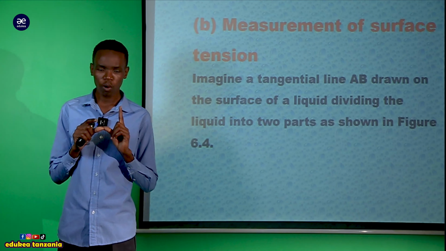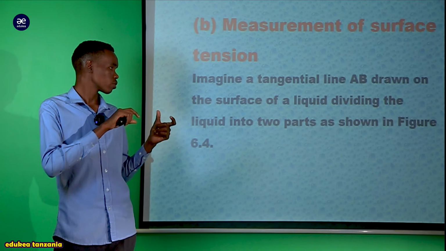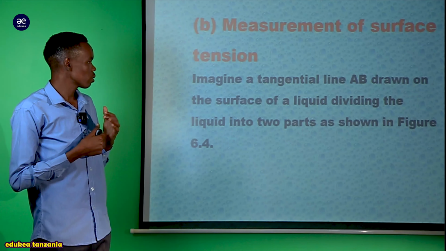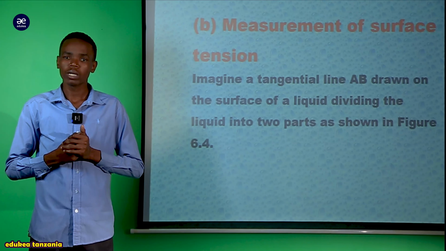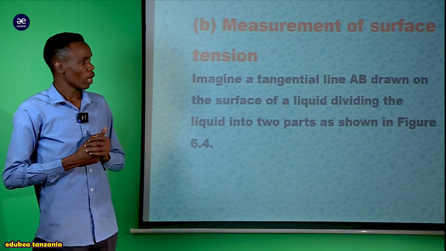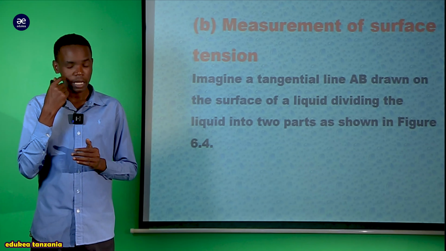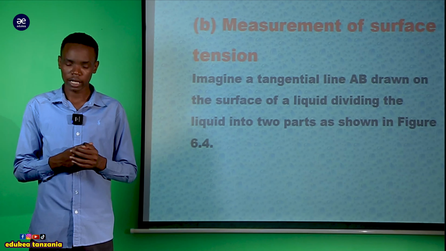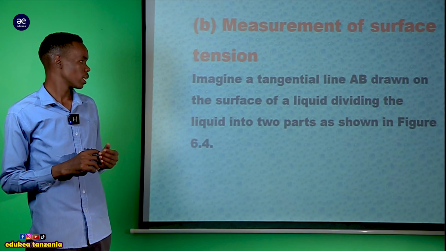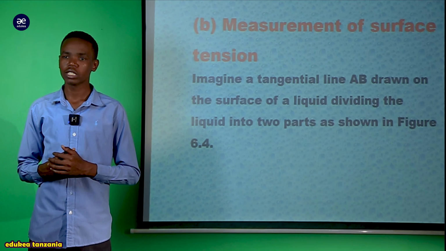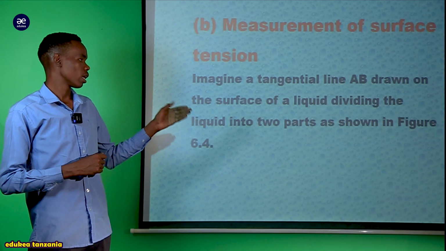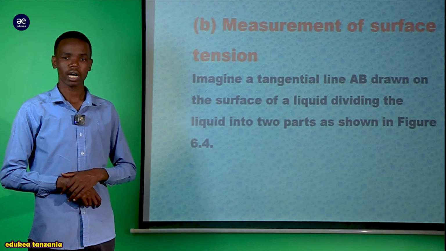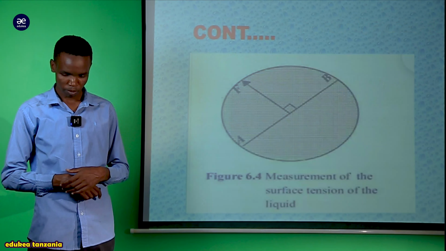We have a liquid, and that liquid, my dear student, contains the tangential line. This tangential line AB is drawn on the surface of the liquid, dividing the liquid into two equal parts, as shown in figure 6.4.